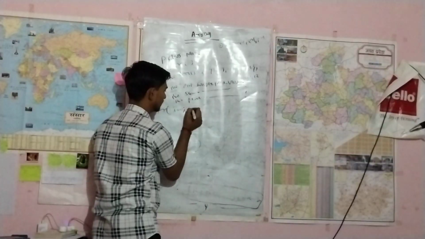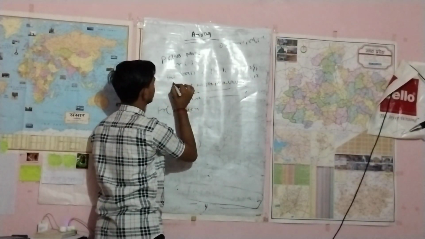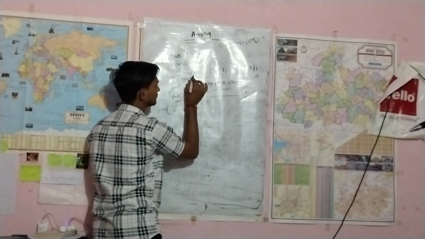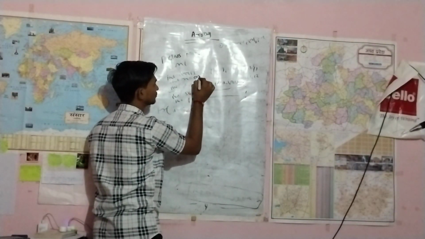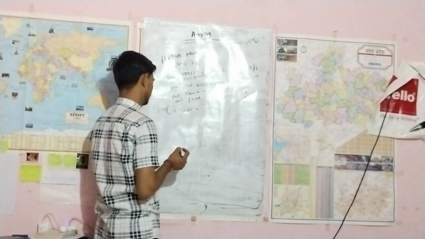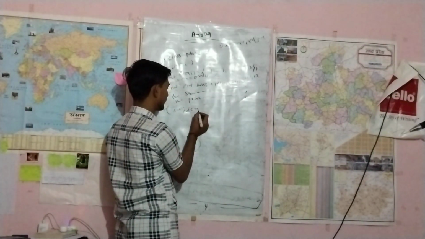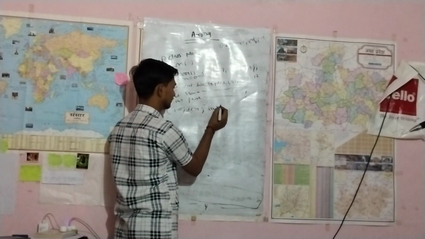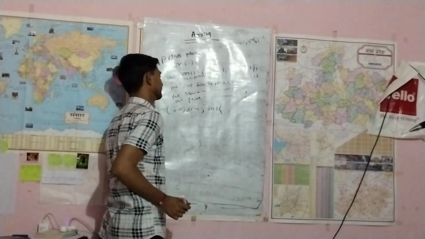I equal to 0, I less than n. Suppose it is given, and you store its size in n, so array dot length. I less than n, I plus plus, and you will enter here.